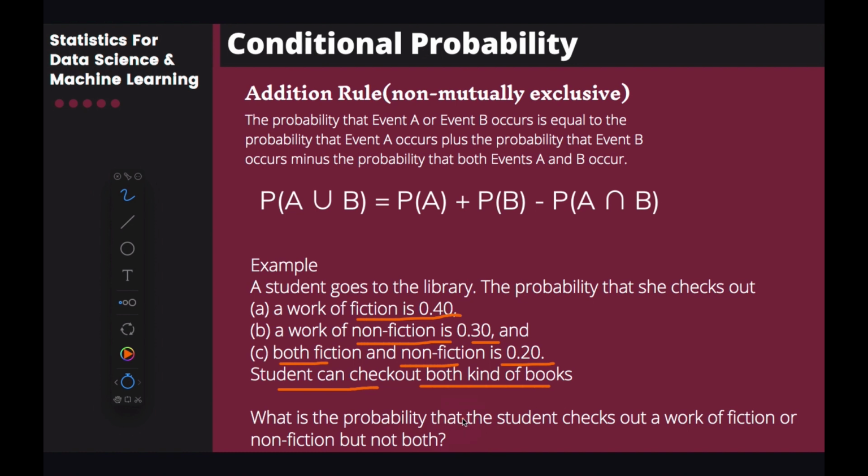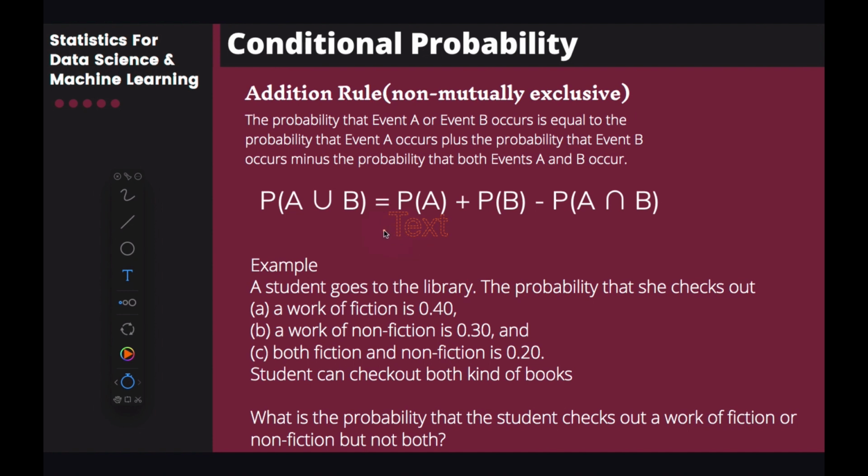However, when we come to the question, we are saying that the student can check out either of the books, whether fiction book or non-fiction book, but the student cannot check out both books. Right? Although they have the flexibility to do that, right? They have the freedom to do that. But right now, the probability that we want to check, we want to restrict them from checking both of them. In that case, we need to take out the part of the formula which gives them the flexibility to check out both. Okay. So that is going to be something like this.